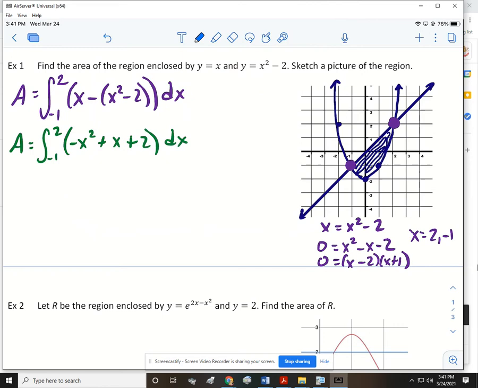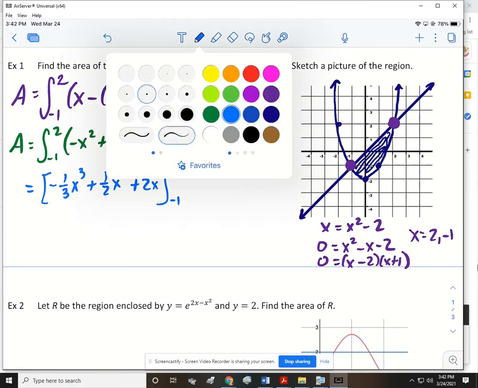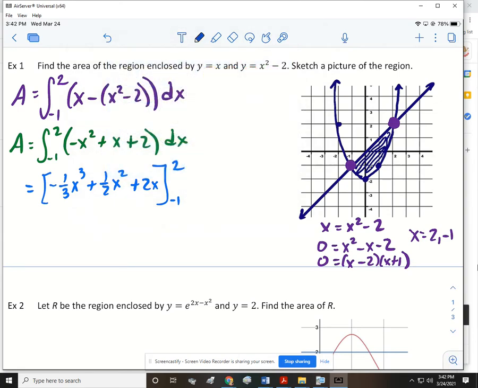Okay, so I'm going to integrate this by adding 1 to the exponent and dividing by my new exponent. Okay, then I'm going to want to plug in 2 and negative 1.